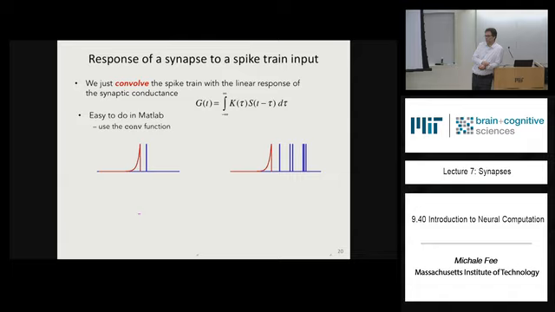Yeah, the kernel can have different shapes. I've just chosen a particularly simple one because actually an exponentially decaying kernel turns out to be really important. It's actually a low-pass filter. So, because it's a linear kernel, we can use the convolution. Yes.